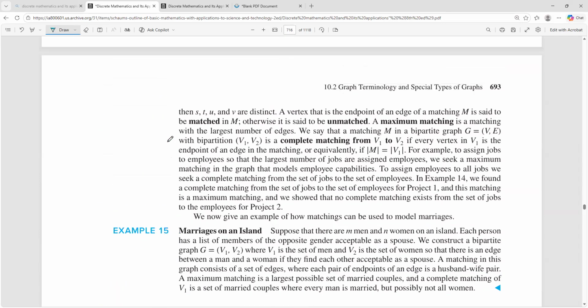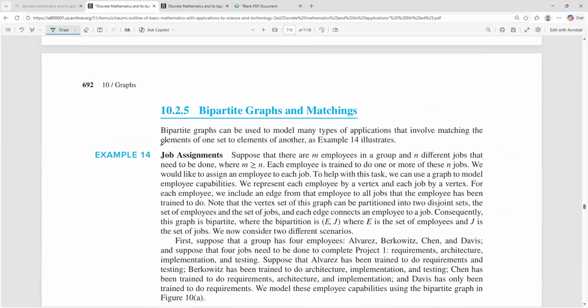Before I go into here, does anyone have any questions about complete bipartite graphs? Any questions? I'll wait a minute. Sounds good.